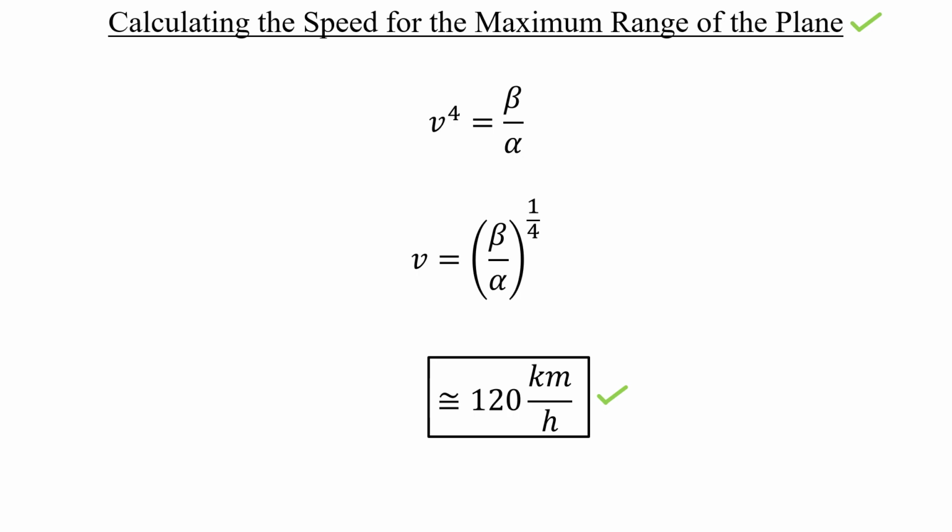For part B, let's go back to our initial thoughts of work done by the plane's engine. To maximize the amount of time that the plane stays in the air, we would need to minimize the rate at which the fuel is consumed. We saw earlier that the fuel available to the plane corresponds to a maximum amount of work it can do, and the rate at which work is performed is power, which is just the product of force and velocity.